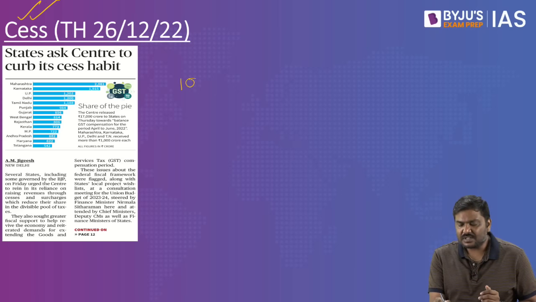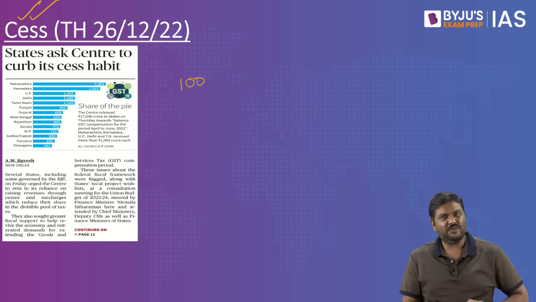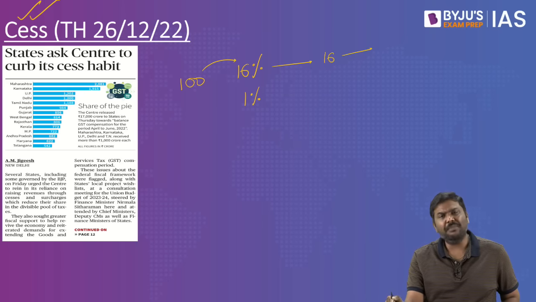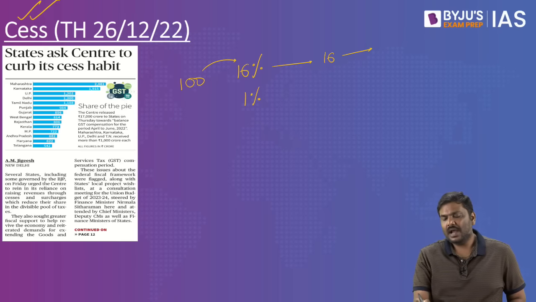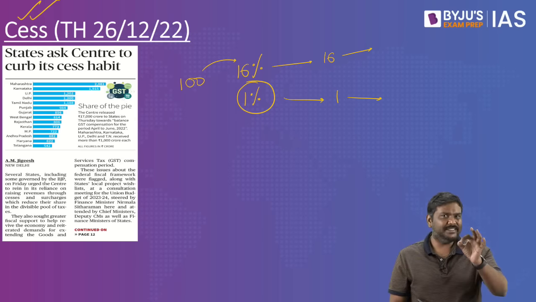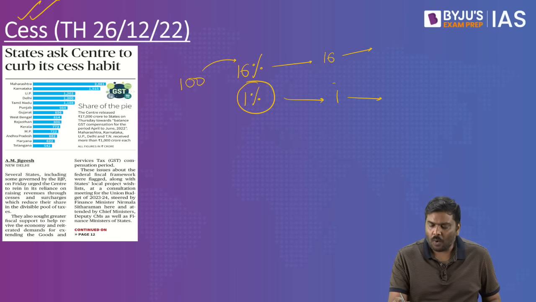Imagine the product which is being sold in the market is worth 100 rupees. The tax rate is 16% and let's say the cess rate is 1%. So the government will be collecting 16 rupees tax and giving part of it to the states, and will be collecting 1 rupee cess, and now it is entirely up to the government what will be the usage of this cess.